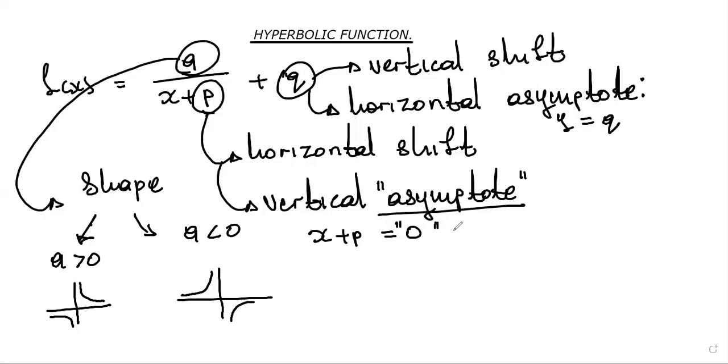And one way for a function to be undefined is when the denominator is 0. Division by 0 is undefined. Okay, so from this point, you'll transpose your p to the right. So this becomes the equation of the vertical asymptote.